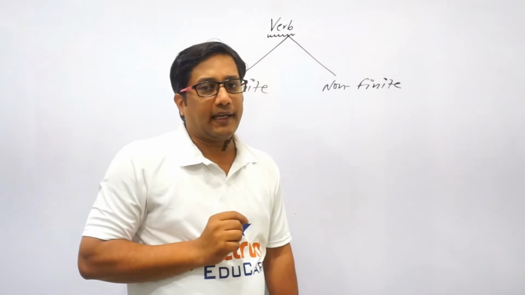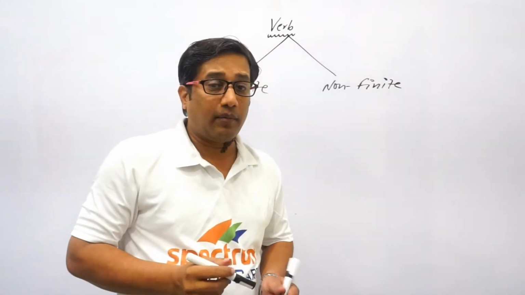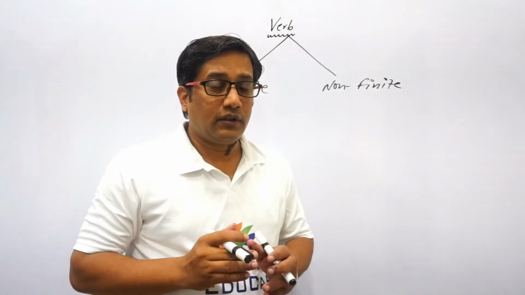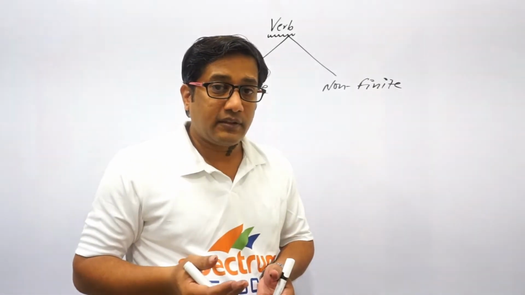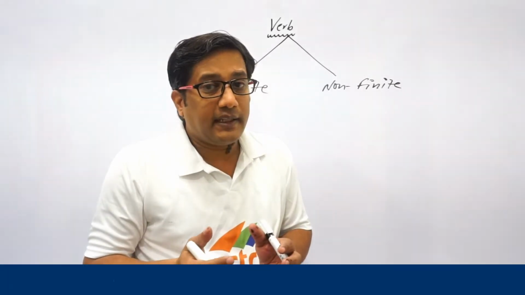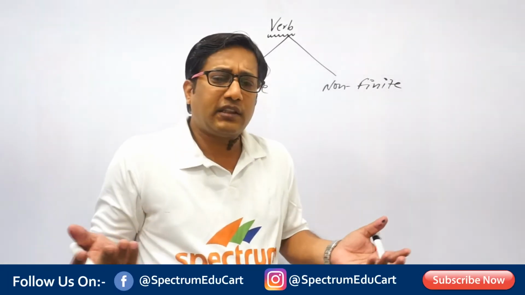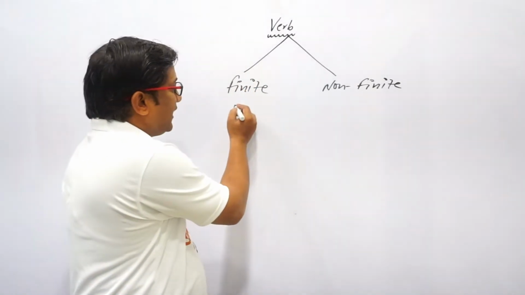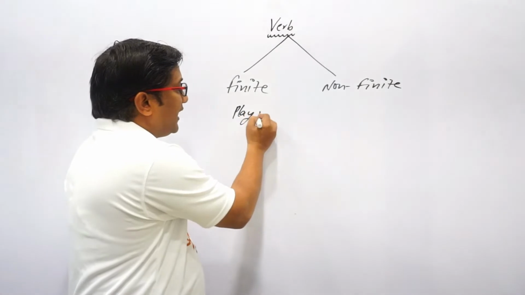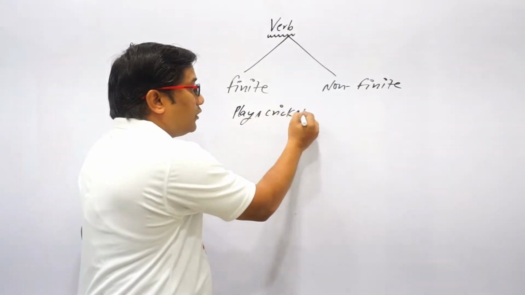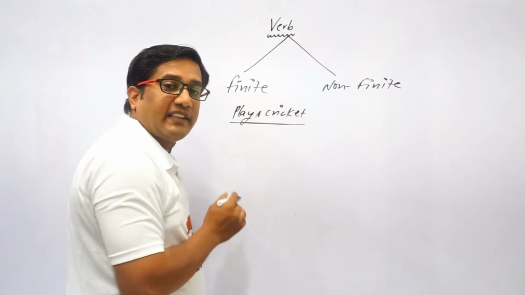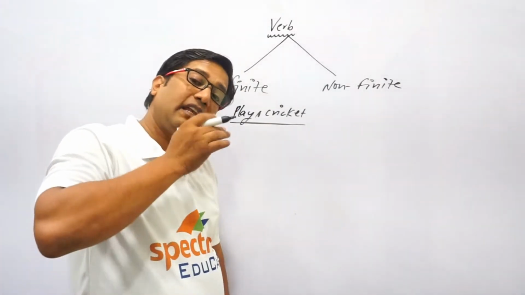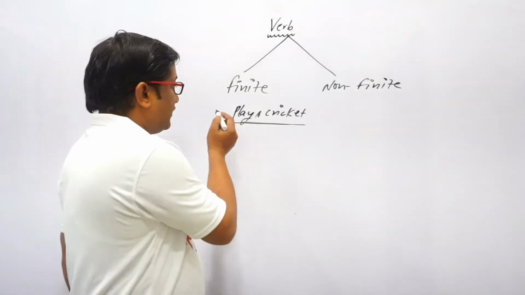What is finite? When there is a verb that requires a kind of subject to prepare a sentence, and without a subject it cannot be used. For example, if I write something like "plays cricket," this type of sentence is not possible at all in grammar unless you add a subject.